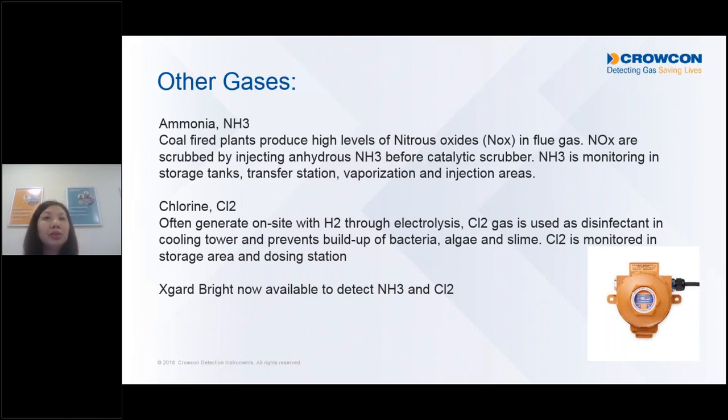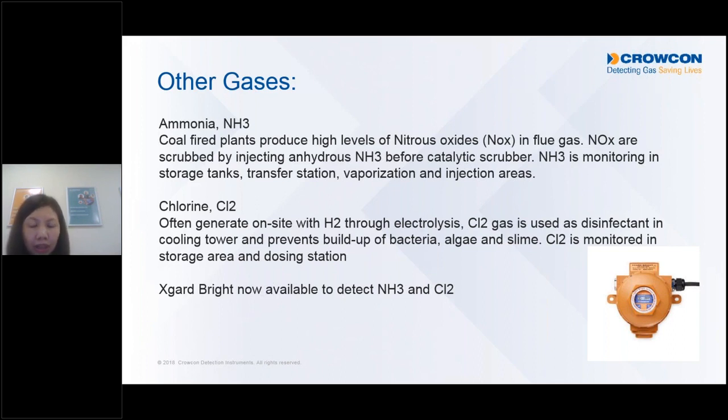So we've talked about flammable gases, CO, oxygen, and hydrogen. What are the other gases? Well, around the plant, you will have ammonia dosing, because coal-fired plants produce a lot of nitrous oxides. In order not to have too much NOx in your flue gas, you have what we call an anhydrous ammonia scrubber.